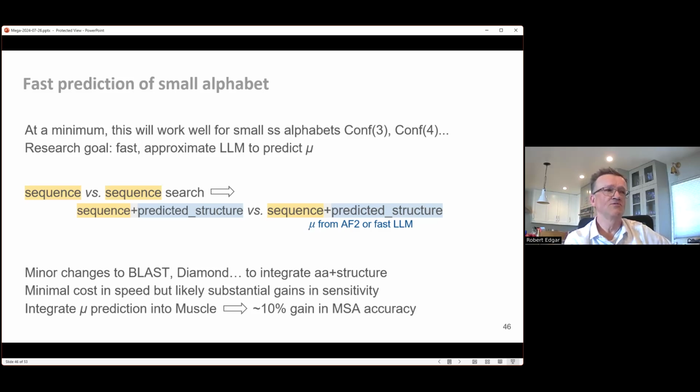And this means that those minor changes to algorithms like BLAST and MUSCLE can integrate structure with a very small cost and speed, and we don't have to go and fold everything with AlphaFold 2. We can do this all on the fly with low overhead. That's the hope.